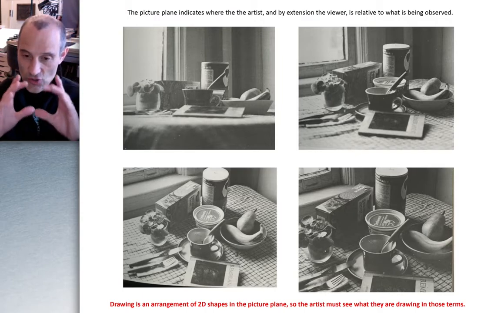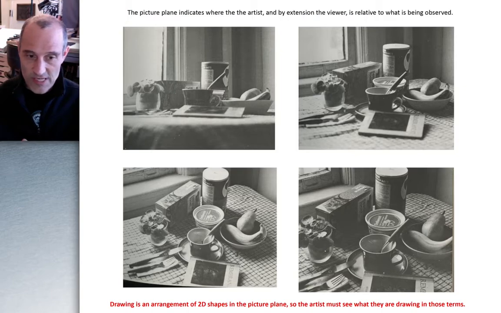And as we zoom in a bit on that in the bottom right, you can see how we've shifted our angle just a little bit, and now we have even more definable and interesting negative space shapes. And there's this kind of circular movement throughout that picture plane. So as I said, again, we have to remember drawing is an arrangement of two-dimensional shapes in the picture plane. So the artist must see what they're drawing in those terms.